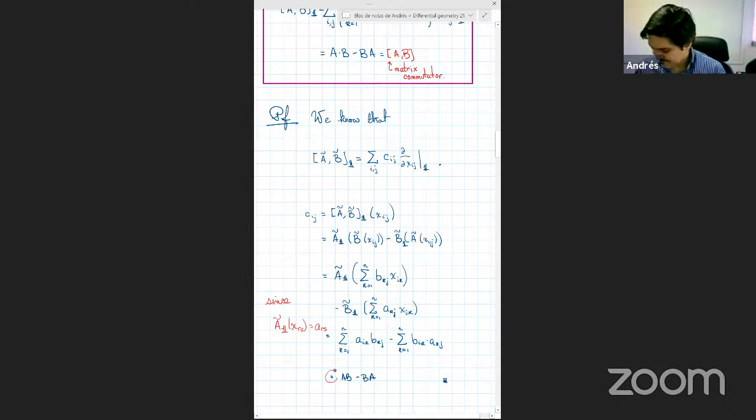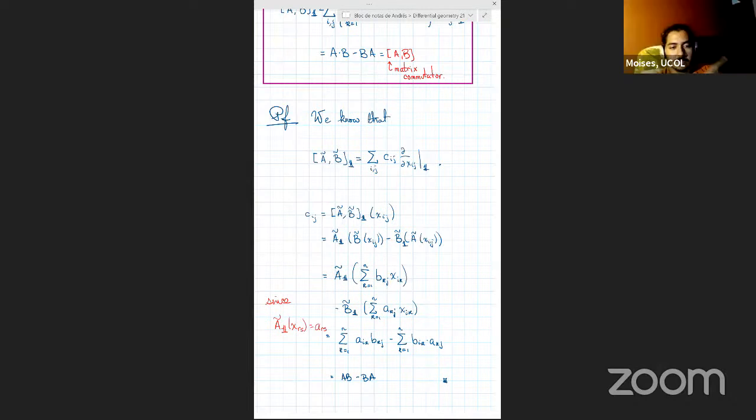So I'm missing one sum. There's one mistake in that computation. Yes, in the previous line, before that, you just evaluate at one AKJ XIK instead of the whole sum. So that's why you're missing a sum.